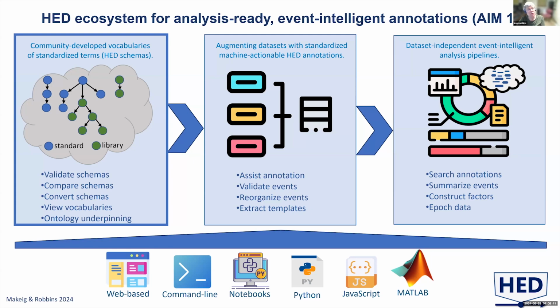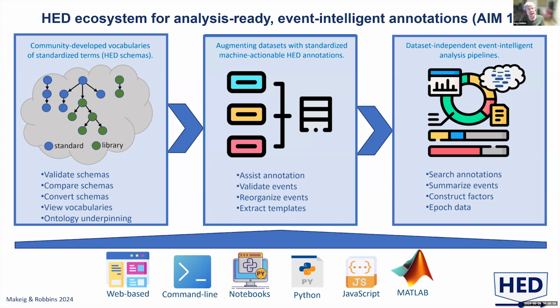And we have 3 kinds of support. There's the schema support for developing vocabularies. There's the annotation support, which I think is the one that most people will be interested in. And then there's the actual analysis pipelines and use, which is, I think, the second most interesting one.